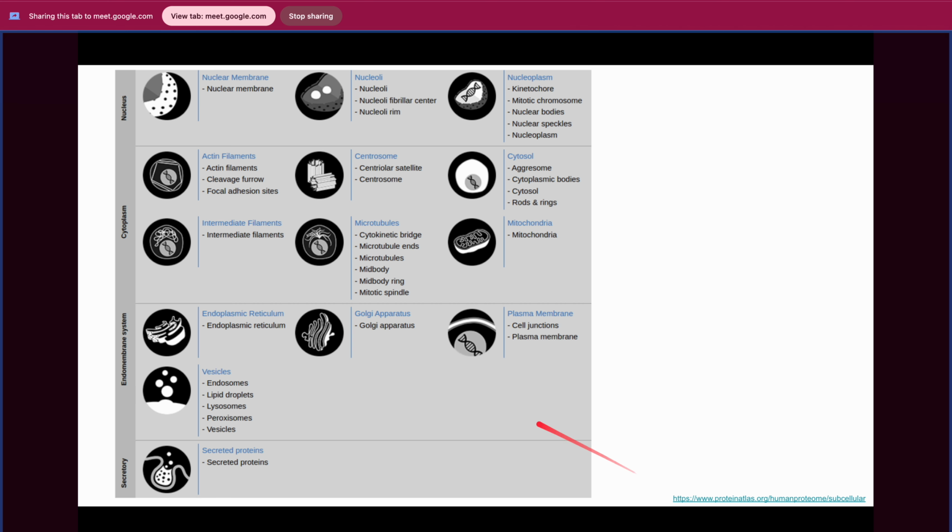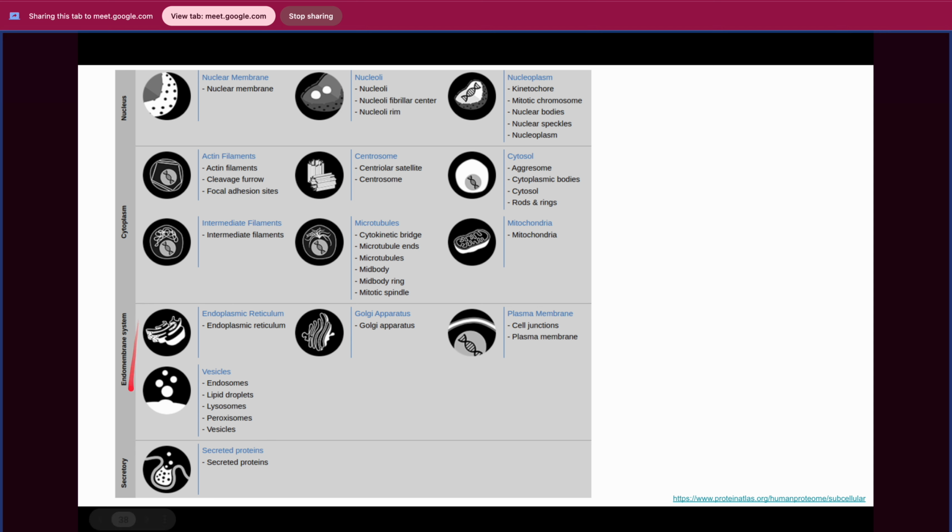If you further scroll down, it has divided the information into different sections: the nucleus, cytoplasm, endomembrane system, and secretory. So the proteins are divided into these four categories. Firstly, the proteins which are expressed in the nuclear membrane, nucleoli, nucleoplasm, that information you can find here. Similarly for the cytoplasm, the different compartments where the protein expression information will be available are the actin filament, centrosome, cytosol, mitochondria, microtubule, intermediate filaments.